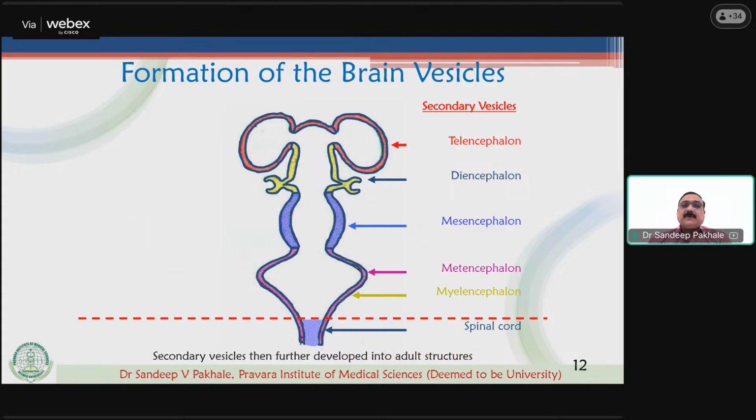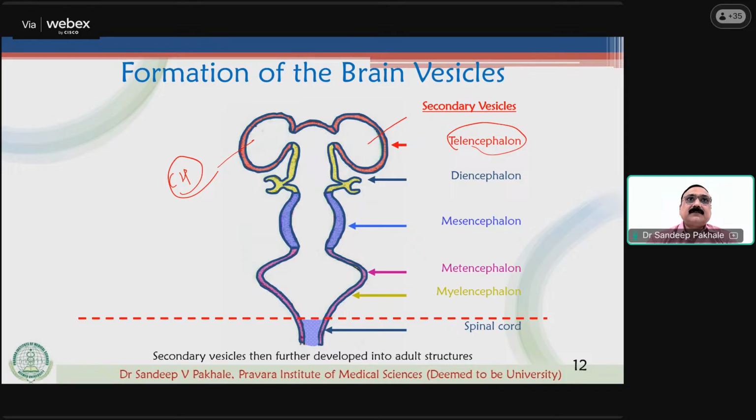This diagram summarizes the transition from secondary brain vesicles to adult derivatives. Starting at the top, the telencephalon expands massively to form the cerebral hemispheres, which dominate the adult brain.